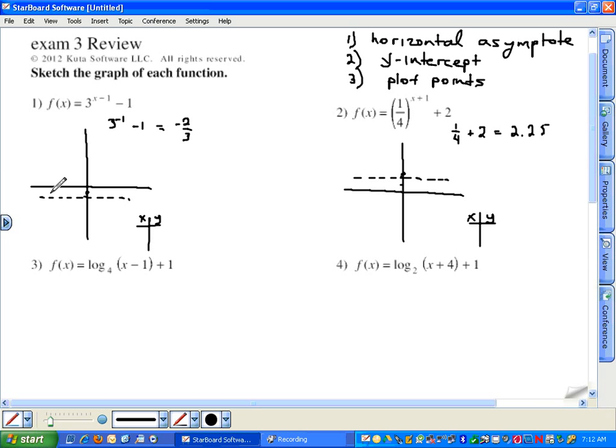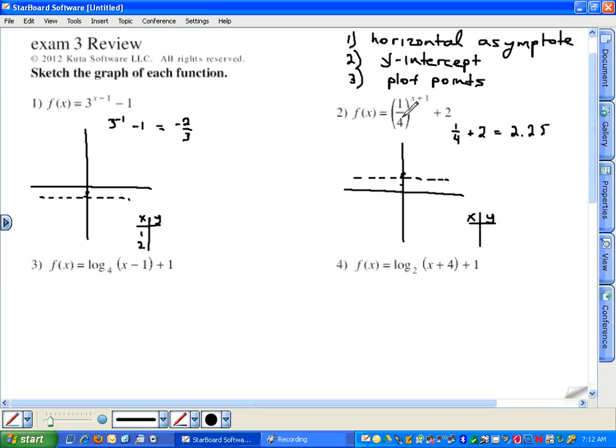So moving from left to right, the graph kind of skims along the horizontal asymptote and then increases very rapidly. So if we choose x values that are negative over here, the y values we're going to get are just very small decimals. If we choose x values that are positive, we're going to get the integer values of y. I'm going to choose x equals 1 and x equals 2.